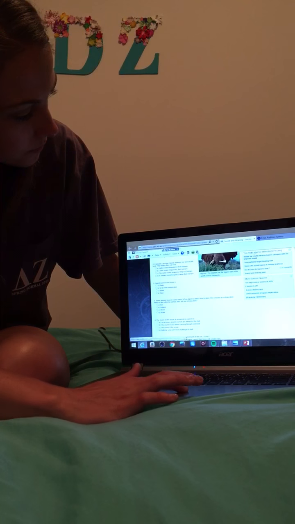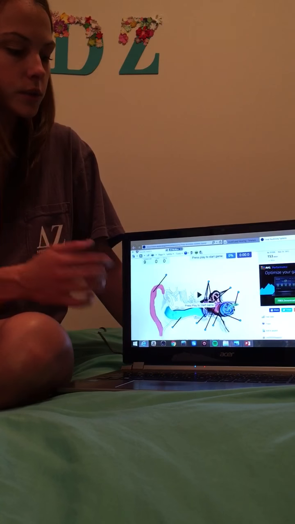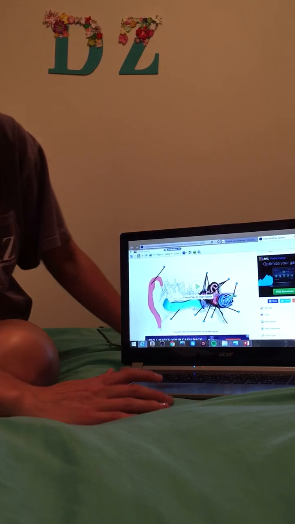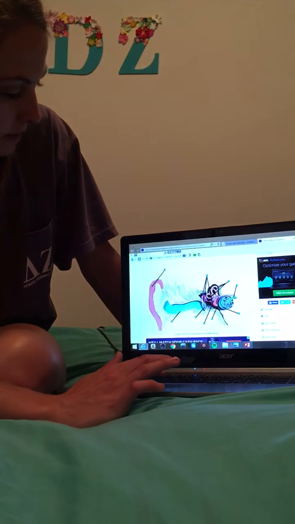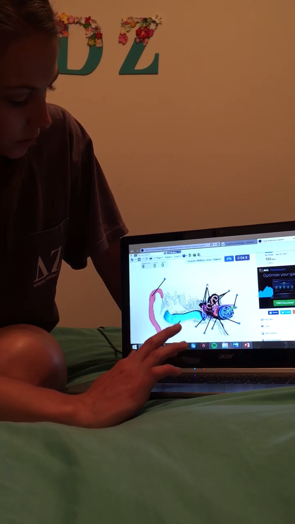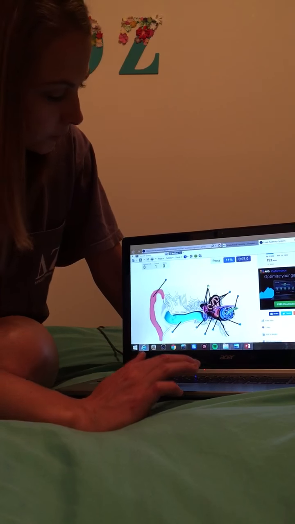The other is the auditory system game, and we can play it to find out the anatomy, where everything is, and make sure we know. So the first one is the ossicles, which are the three in the middle.